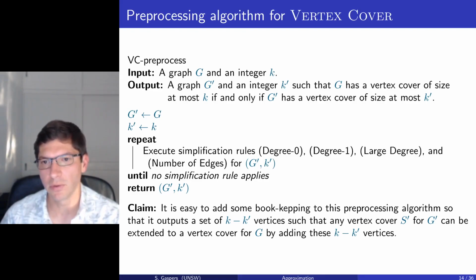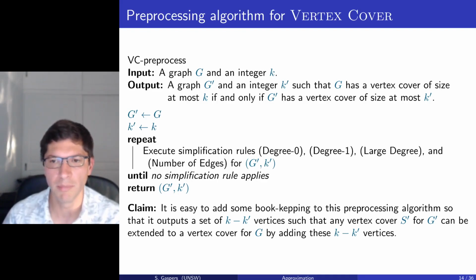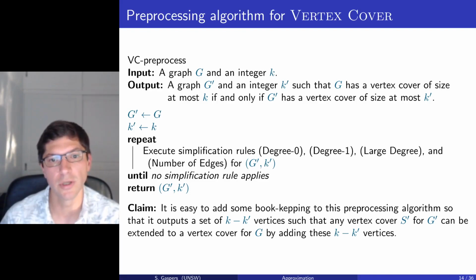For the degree 0 rule, we actually didn't want to put any vertex into our vertex cover. For the degree 1 rule, we meant to add the neighbor of the degree 1 vertex into our vertex cover. In the large degree rule, we meant to add this vertex with degree more than k in our vertex cover. And for the number of edges rule, we just returned no.